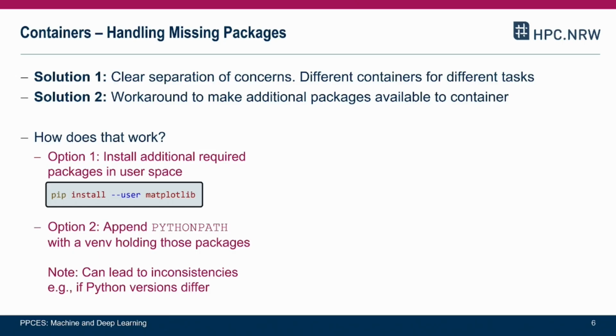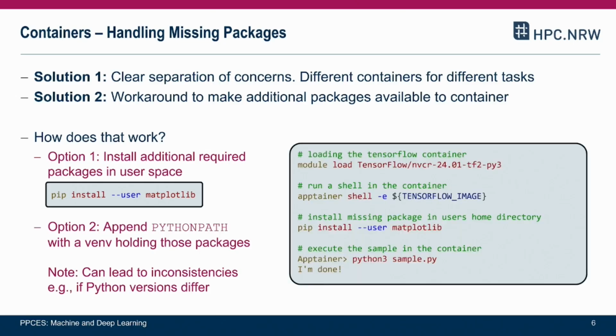I have to check that the Python versions are the same, but in principle that works. Here, same thing: I'm currently in the container, and when I'm in the container, I can do a pip install --user matplotlib, and then it will install matplotlib not within the container, but within my user space, matching the same Python version that is used in the container.